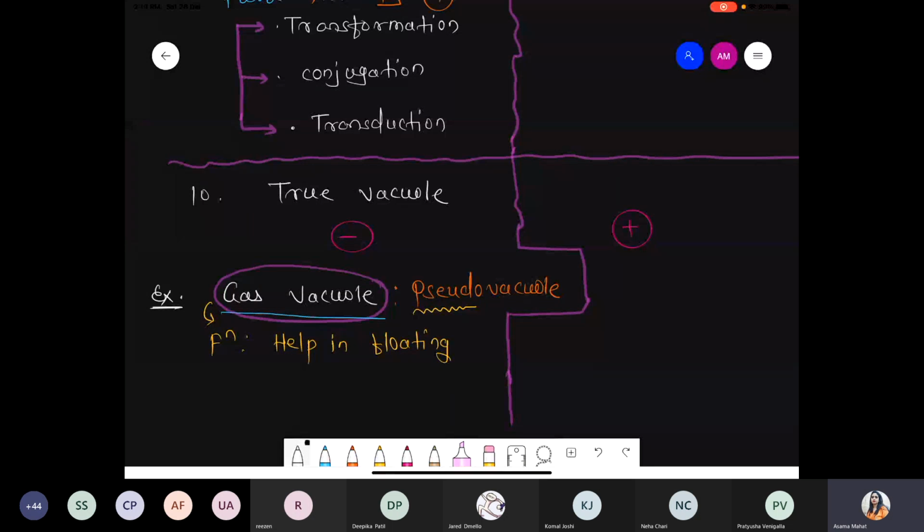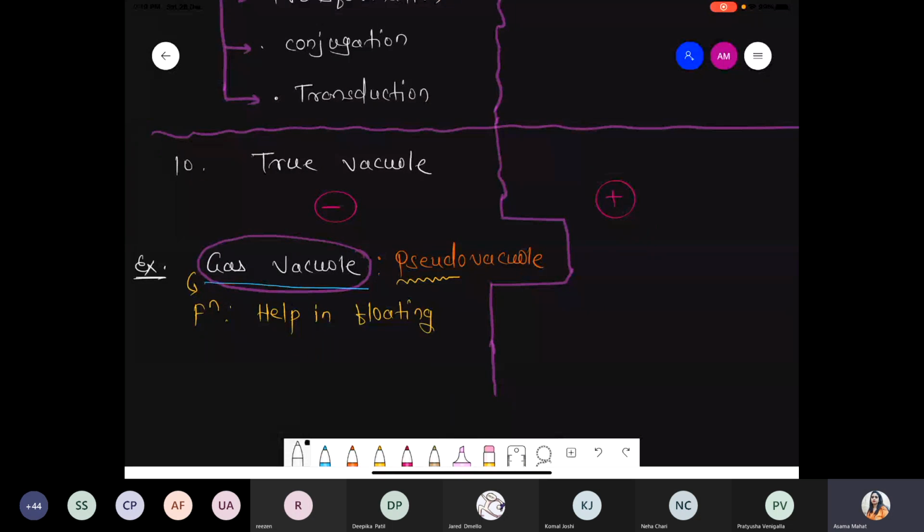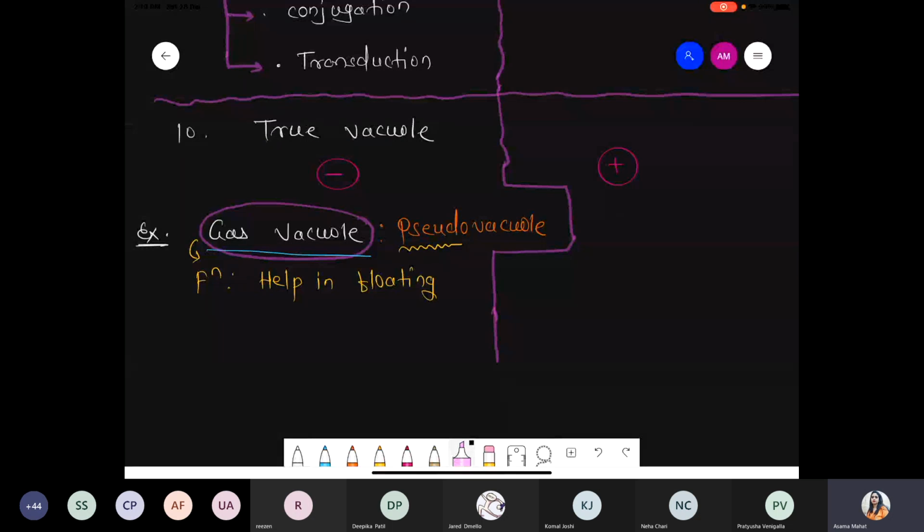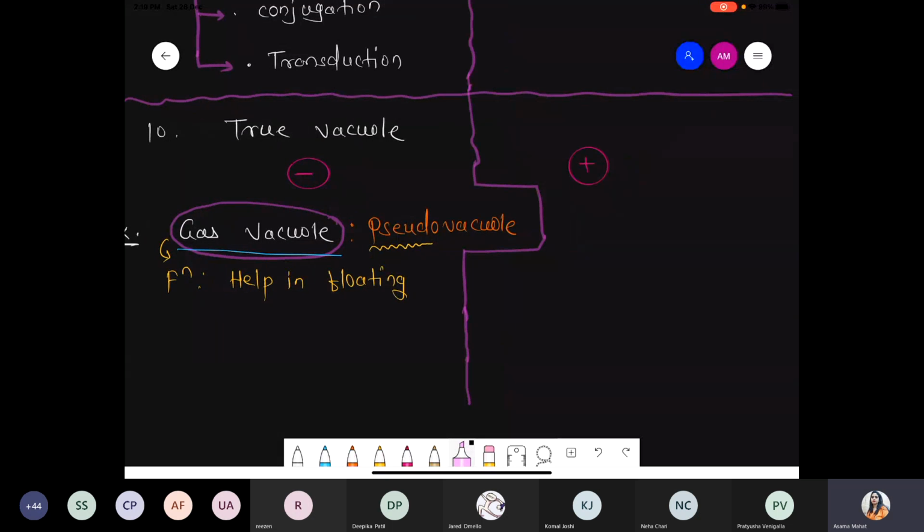Next, we are talking about another concept with respect to vacuole, that is cyclosis. Could you please tell me what is the meaning of cyclosis? Anyone? So we are taking the next condition.